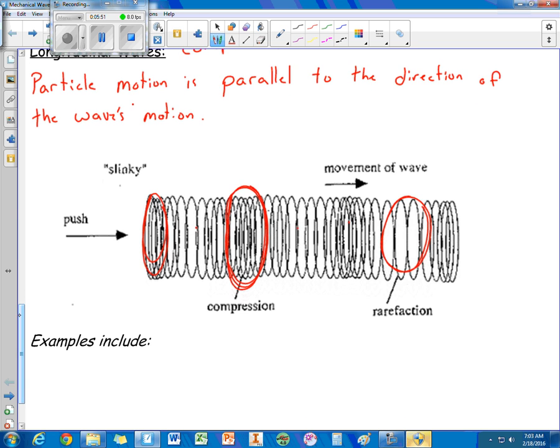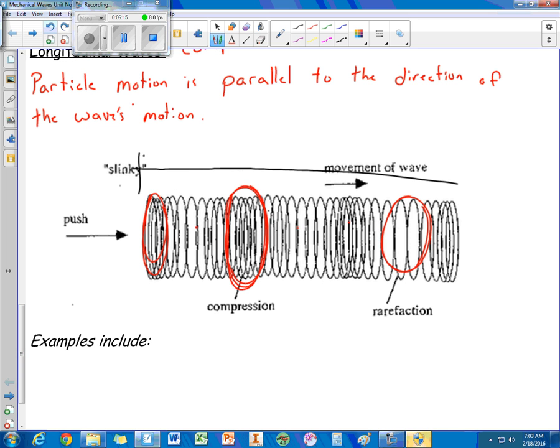Now we can still use a transverse wave as a way of showing this. If I were to make a quick little sketch here, I can use positive amplitude for the compression, negative amplitude for the rarefaction.